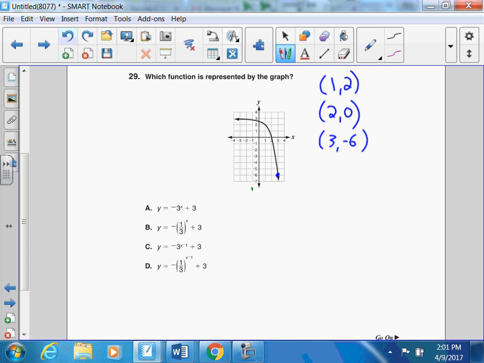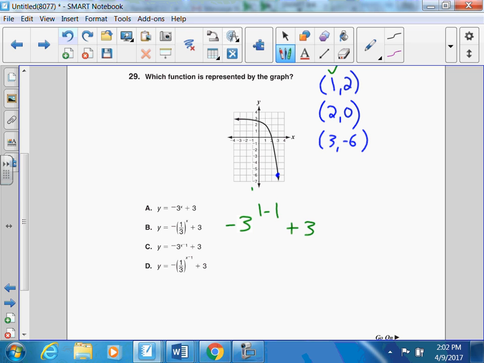Let's check C. Here we have -3, and then we're going to plug 1 in for x. Right now, the exponent is x minus 1. So if we plug in 1, it's going to be 1 minus 1 for our exponent, and then +3.